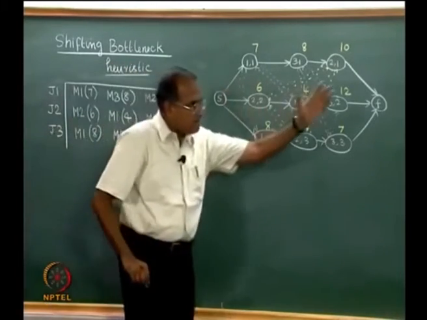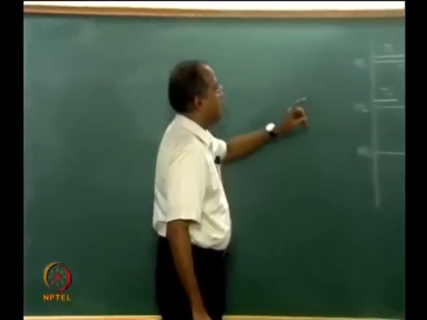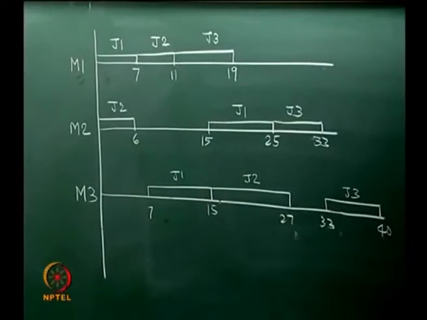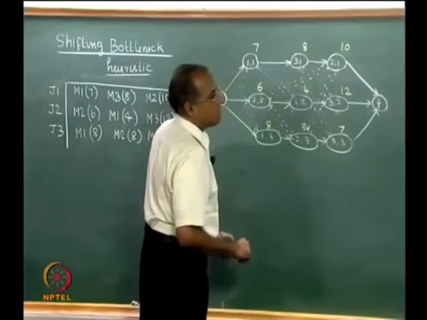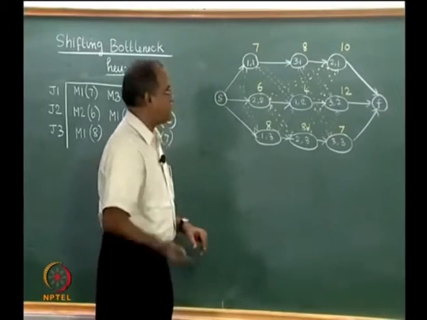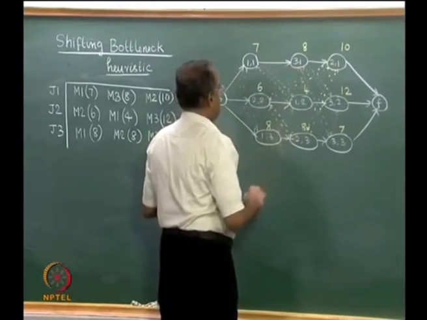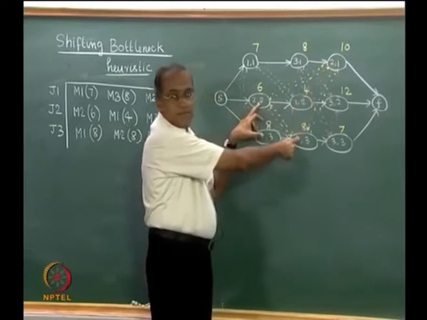If we want to map the SPT sequence on this, and for example, if we take M2, then the order is J2, J1 and J3, which means on M2 it will be 2 to 1 and 1 to 3. So, on M2 it will be first 2 to 1 and then 1 to 3.